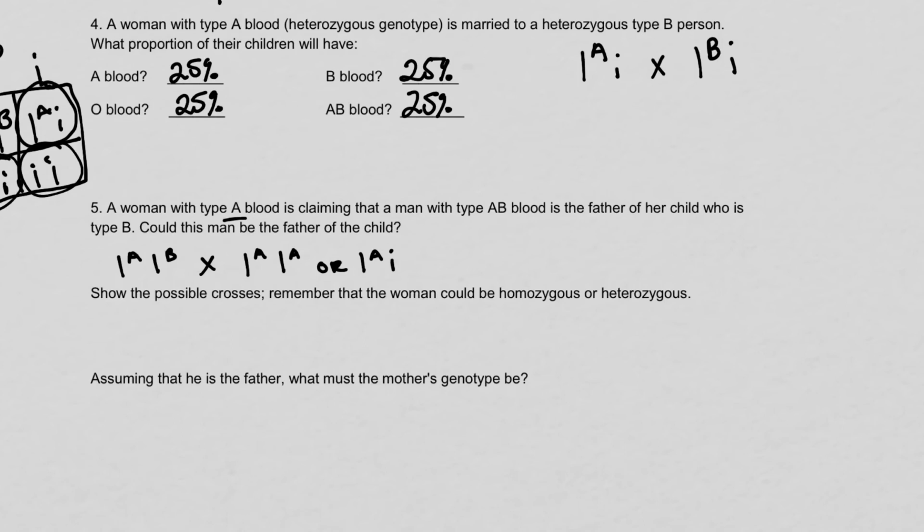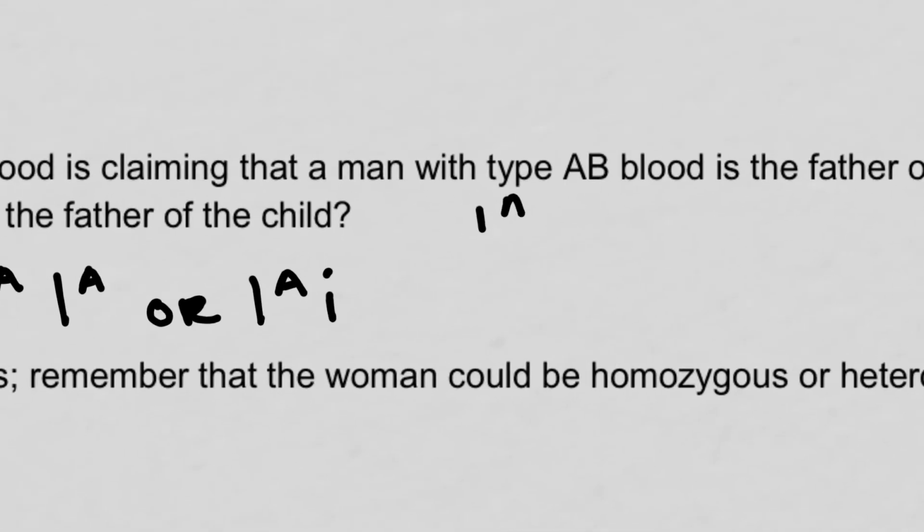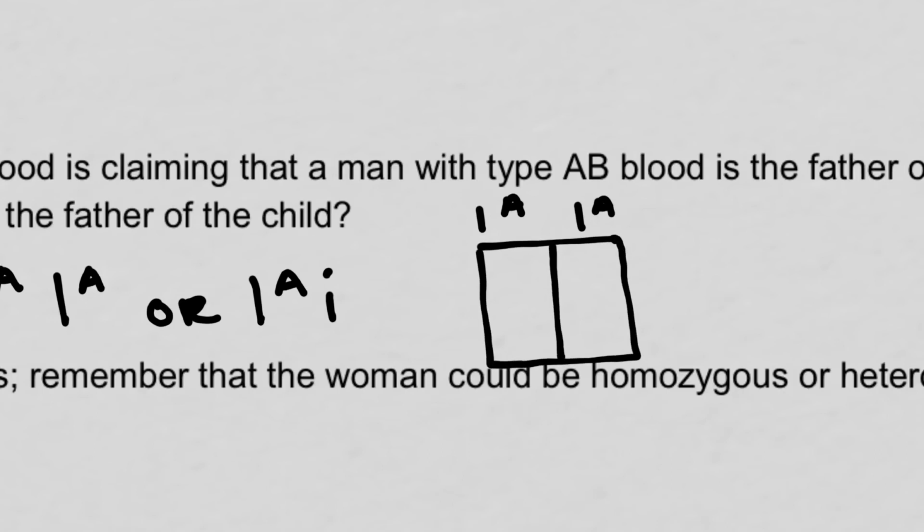So let's look at the first one first. I'll zoom way in. Now, if you get good at this, you may be able to skip some of these steps because you'll be able to just look at it and know what is and isn't possible. But we're going to go through all the steps just in case people need it. All right, so this would be the outcome of this cross.